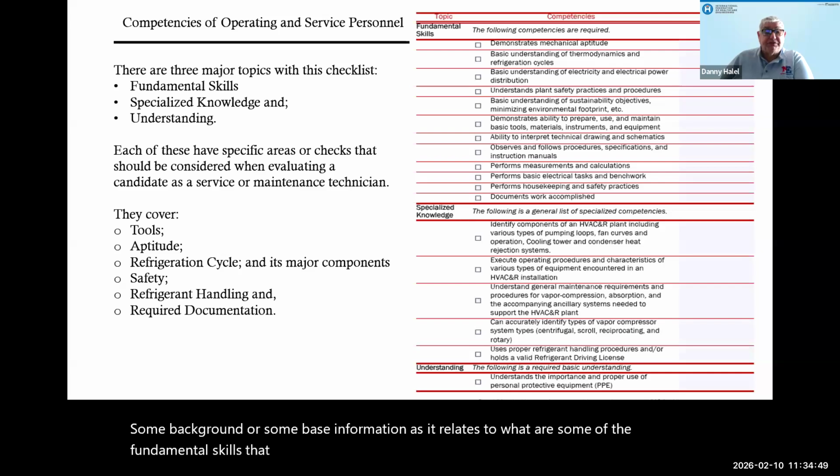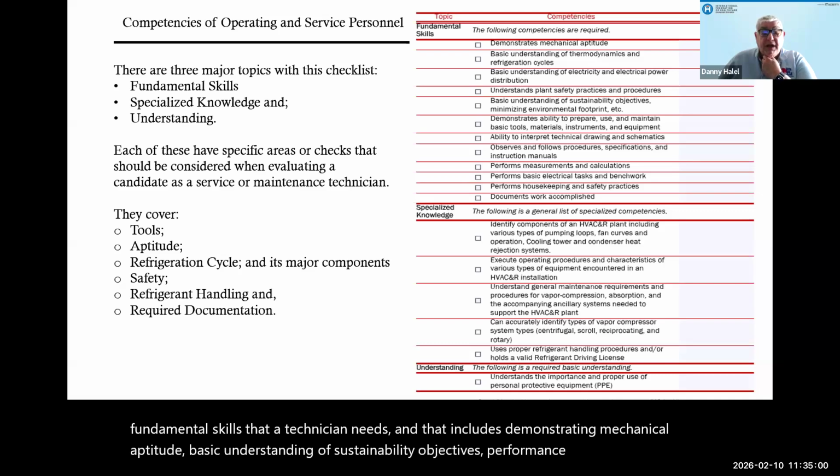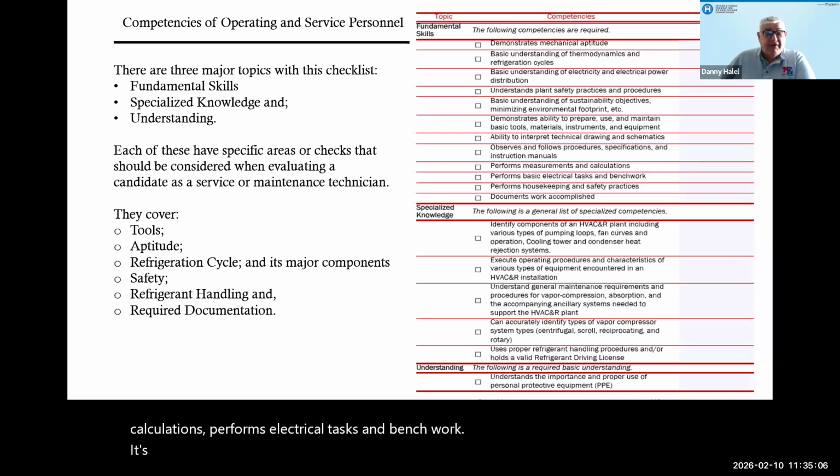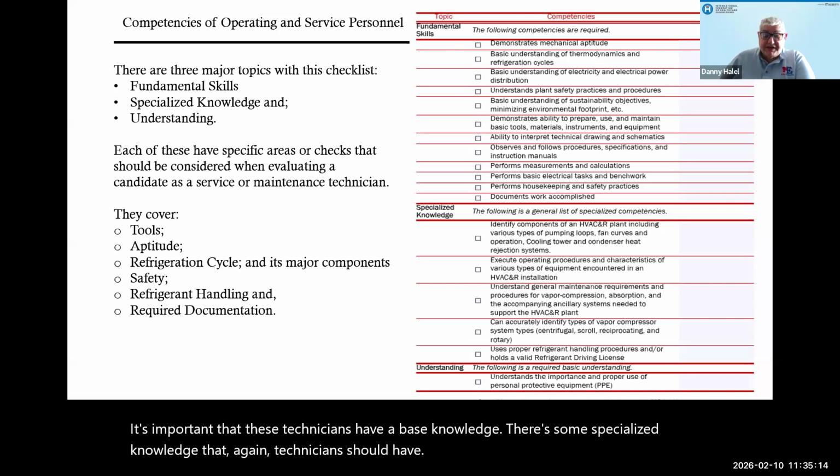And that includes demonstrating mechanical aptitude, basic understanding of sustainability objectives, performs measurements and calculations, performs electrical tasks and bench work. It's important that these technicians have a base knowledge. There's some specialized knowledge that, again, technicians should have, and they're all listed here.